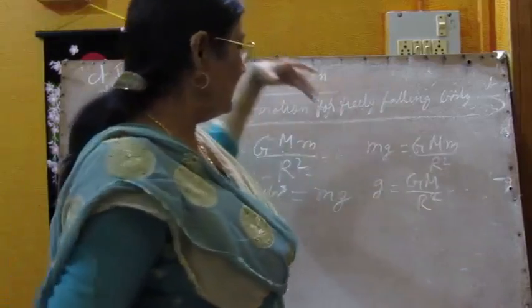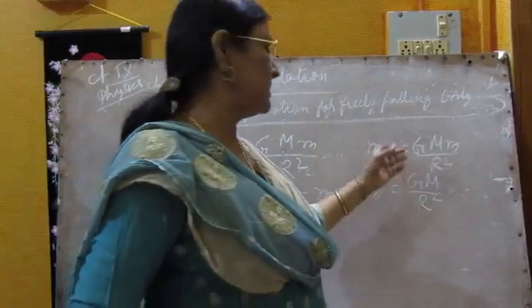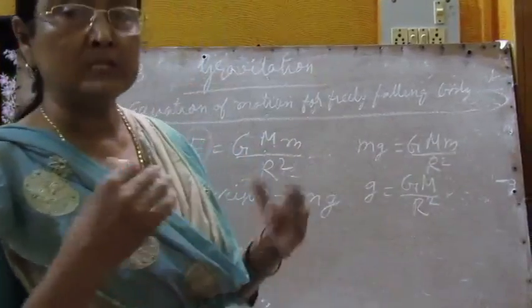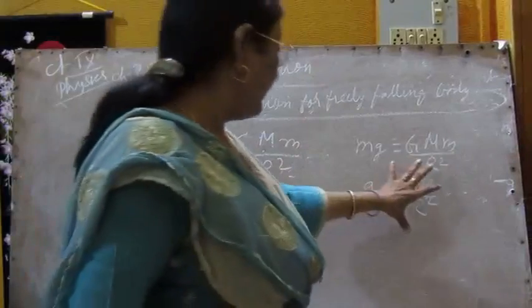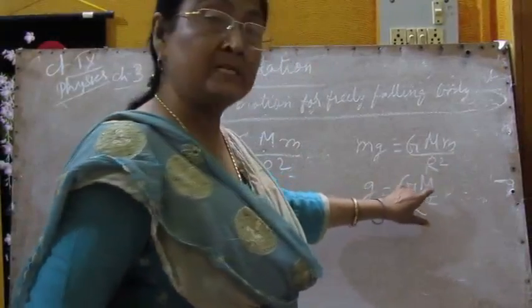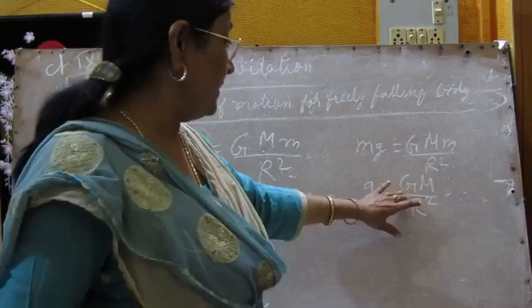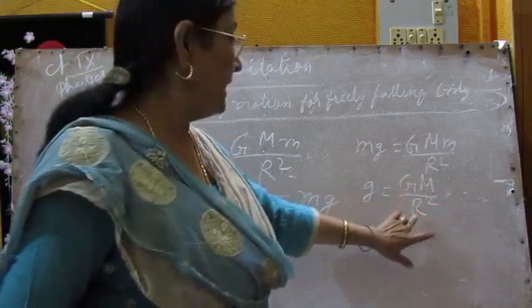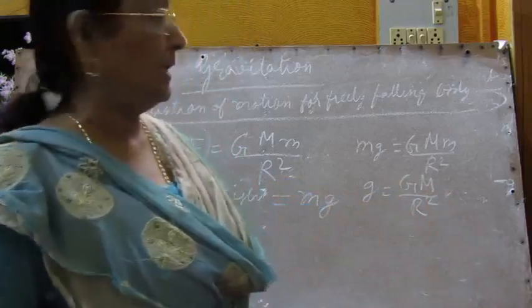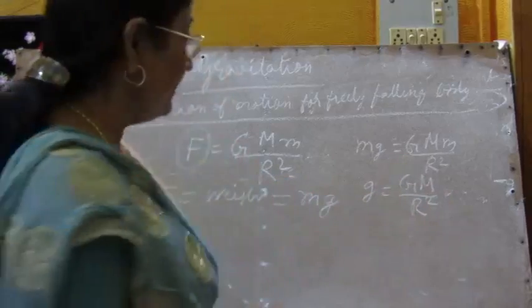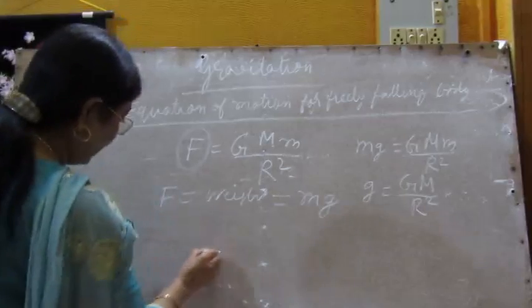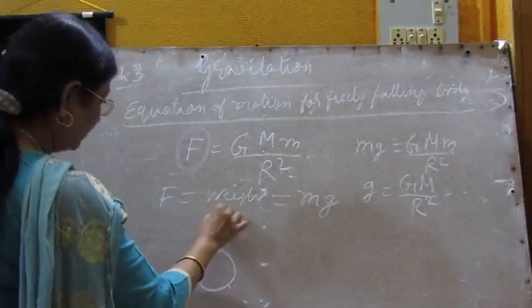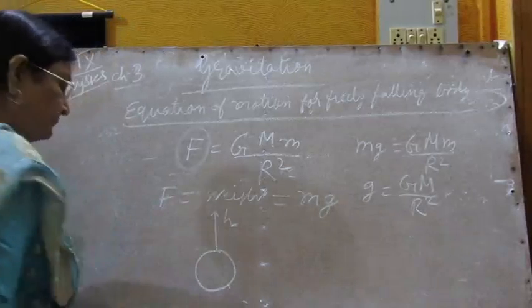Now see, I already explained to you that acceleration due to gravity does not depend upon the mass, size or shape of the object, because G is the universal gravitational constant, M is the mass of the earth, and r is the radius of the earth. All are constant. Now suppose this is the earth, and an object is here at height h.